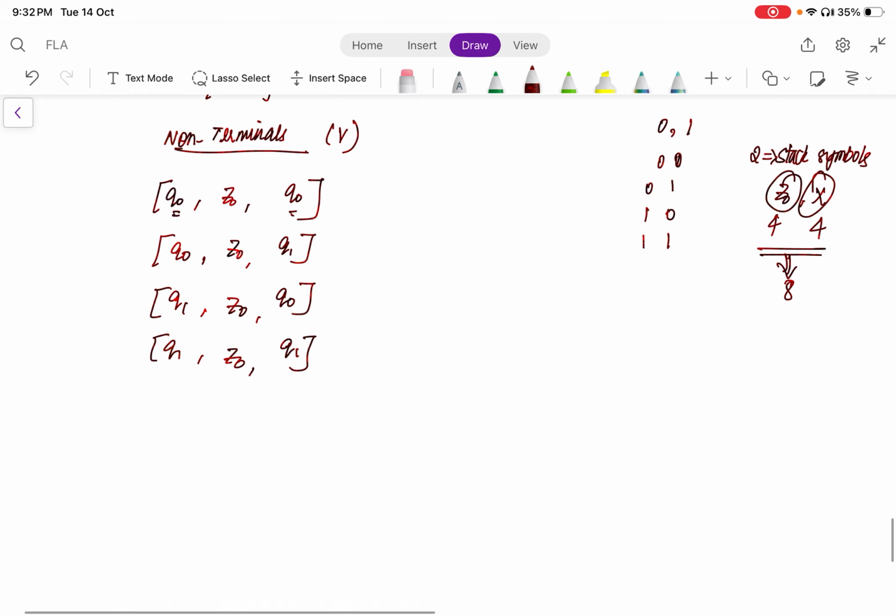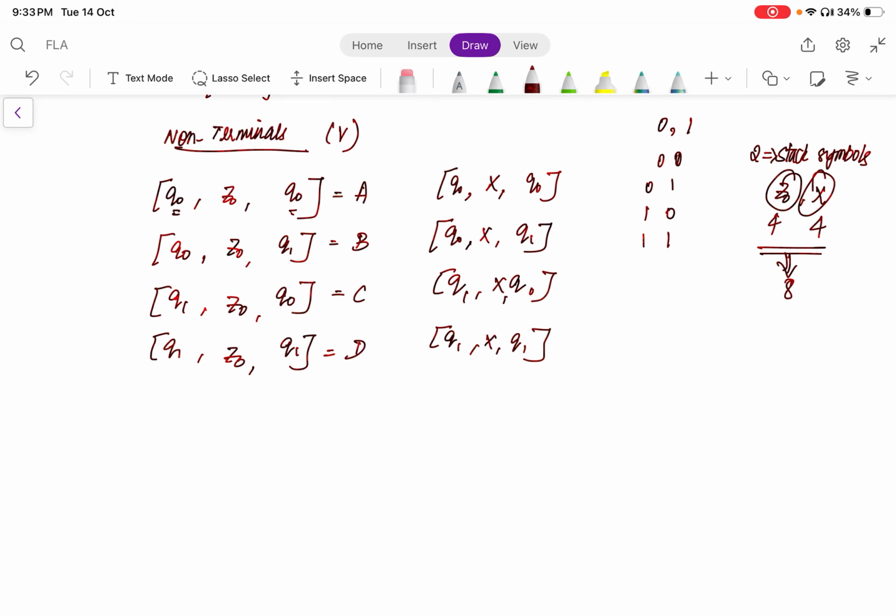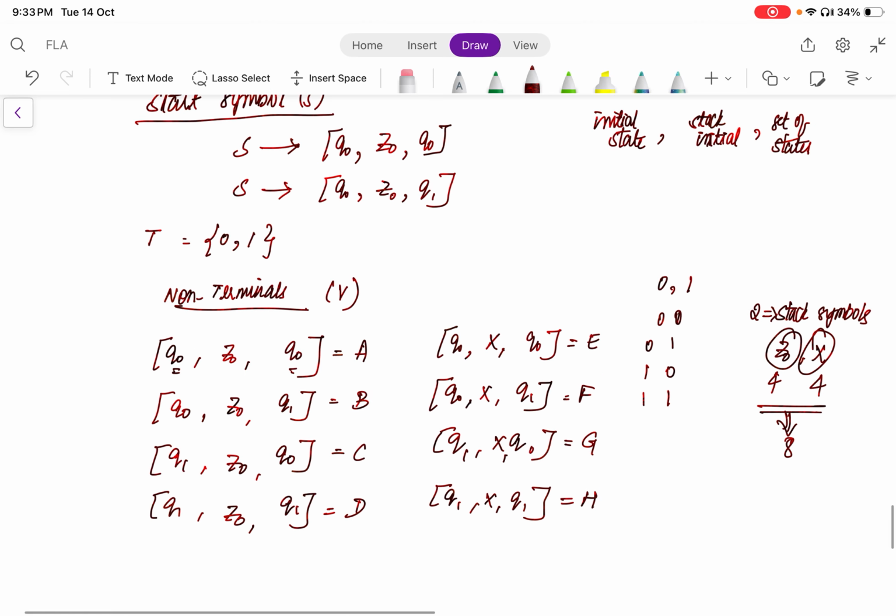Then we write the same combinations for X: 0 0, 0 1, 1 0, and finally 1 1. Now give a name to all of these: A, B, C, D, E, F, G and H.